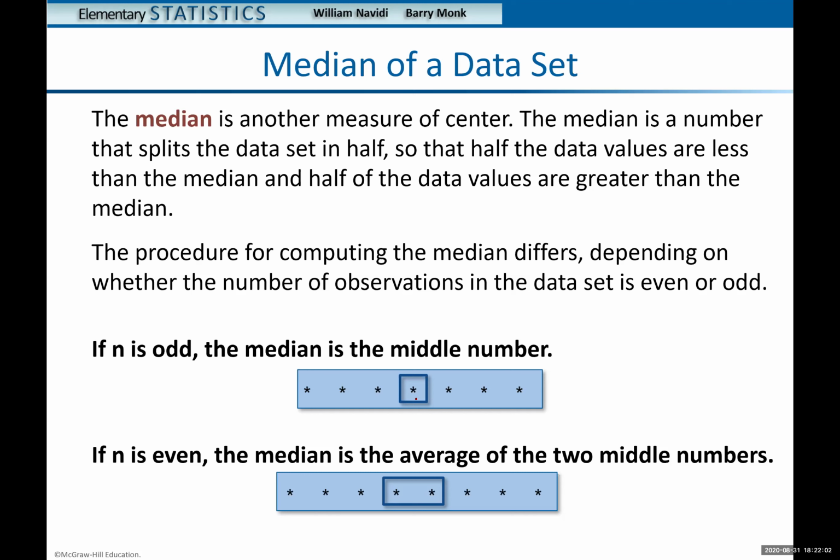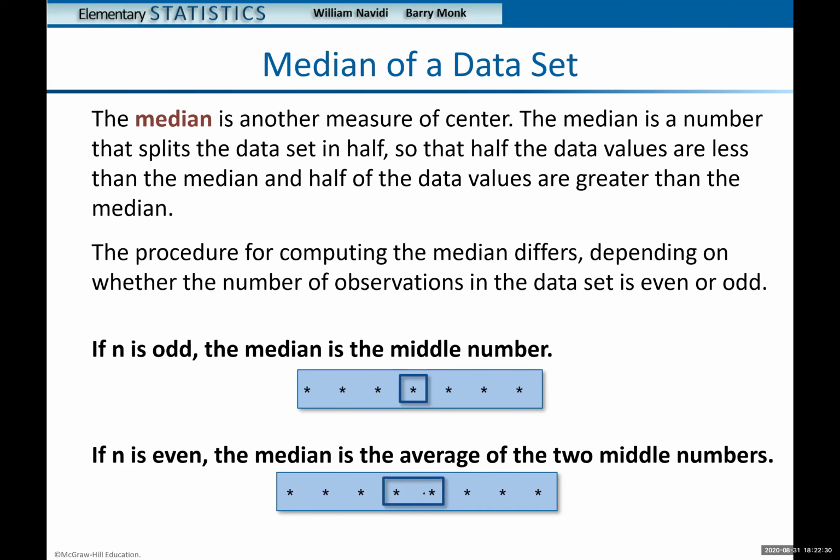All you have to do is get the center, and that is the median. If n is even, you will have two middle numbers, and you have to take the average of these two, meaning you add these two numbers and divide by 2. But before you do all this, you have to make sure that you arrange the data in order.